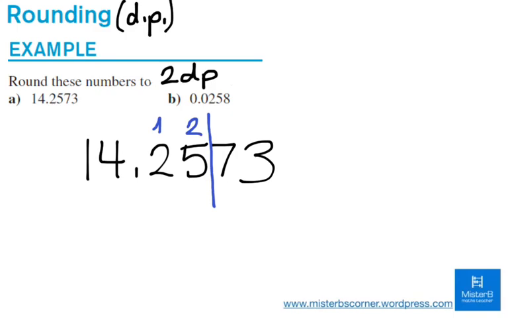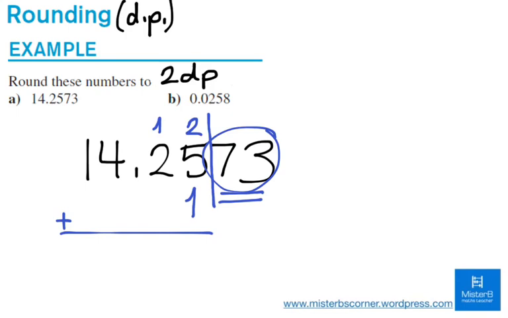Now, the thing is, if this number is a little bit too much, 7 and 3 here in this case, you can't just scrap it. You have to consider adding 1 to this number. It's not that small, it will make a difference, as you saw in the previous example.